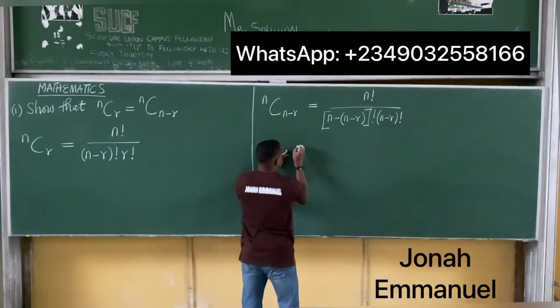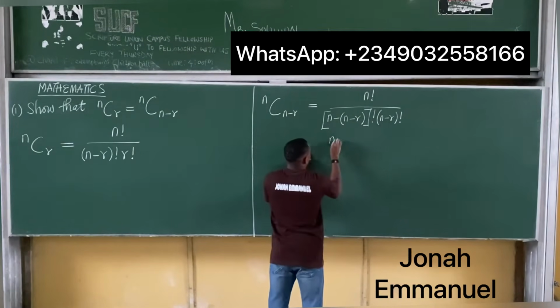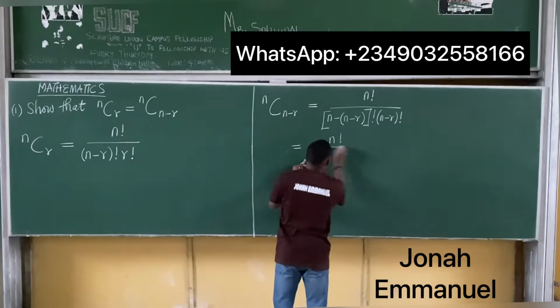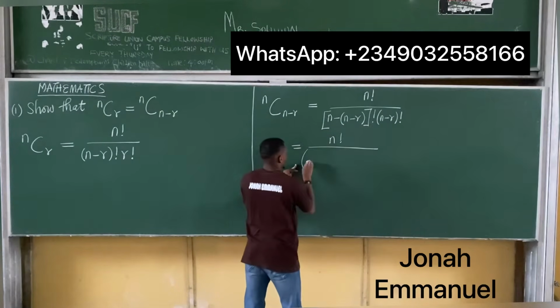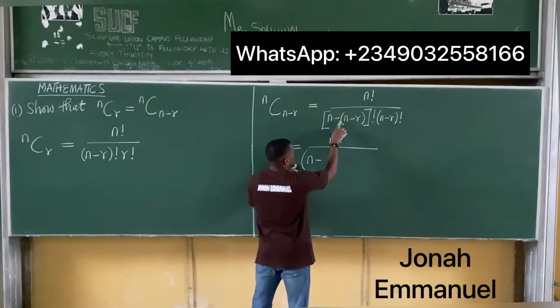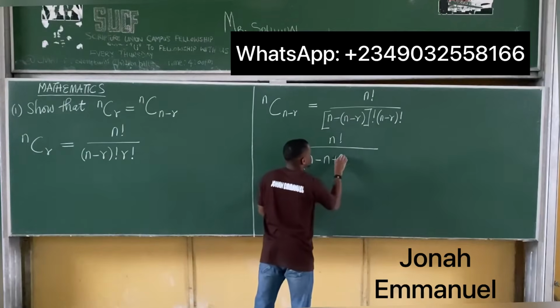If I simplify, this is equal to n factorial all over... take off this bracket here. This is n minus, this becomes minus n, minus minus gives you plus r, and then factorial.